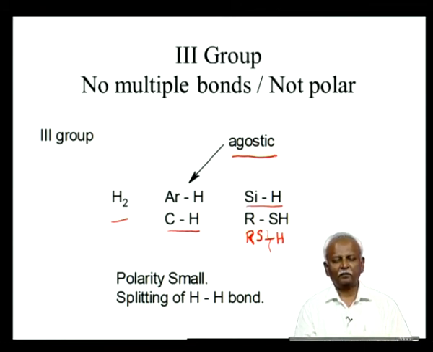But nevertheless, for the third group, what one needs to remember is that they are non-polar bonds which are cleaved by the metal complex in order to form the oxidatively added substance.